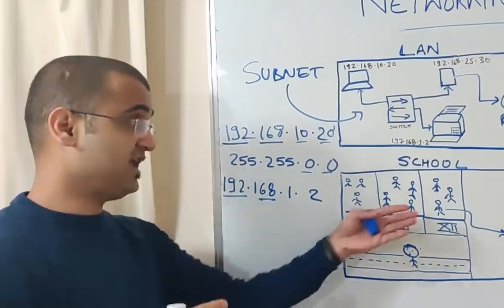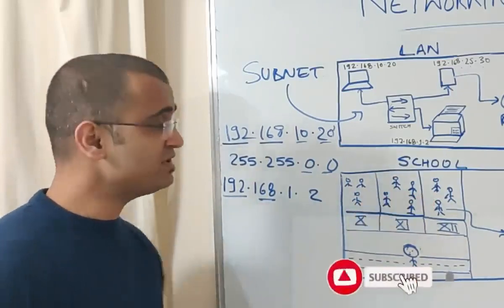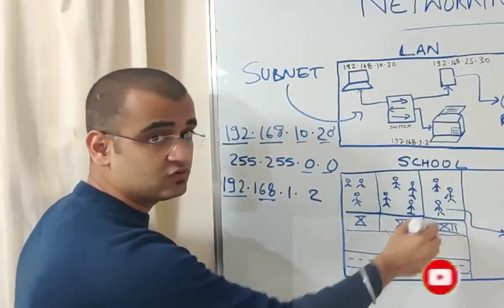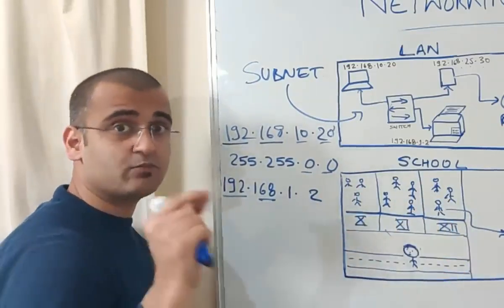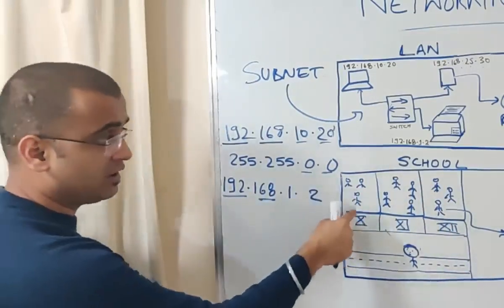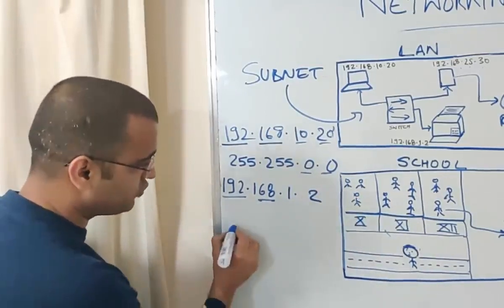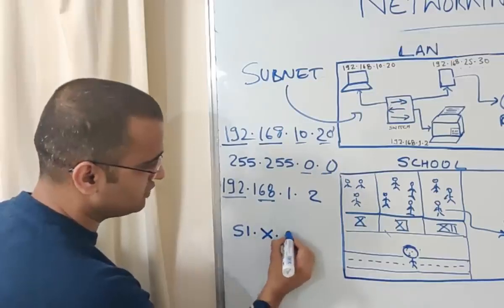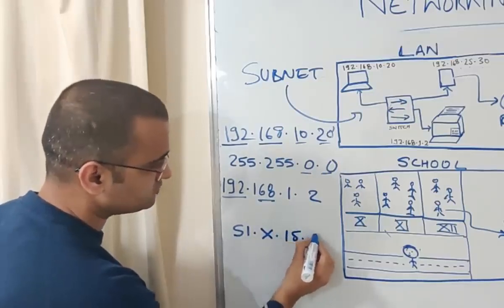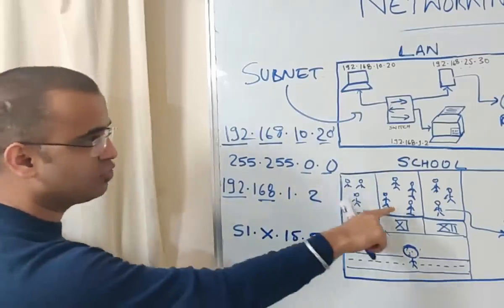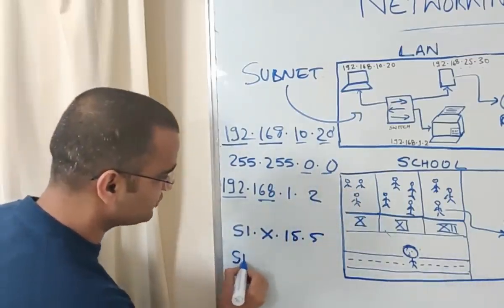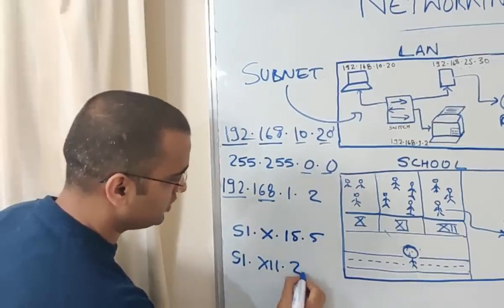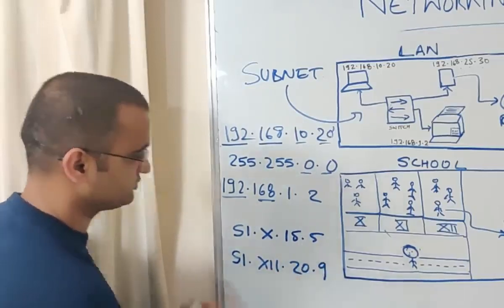And if you want to correlate with a school example, then from the roll number of one student and the roll number of another student we can identify whether they belong to the same school. A student of class 10th can have a roll number like S1.10.15.5, where S1 denotes the school, and the roll number of a 12th student could be S1.12.20.9.